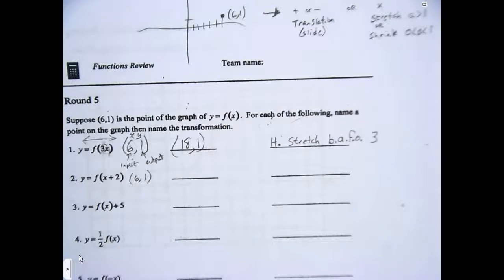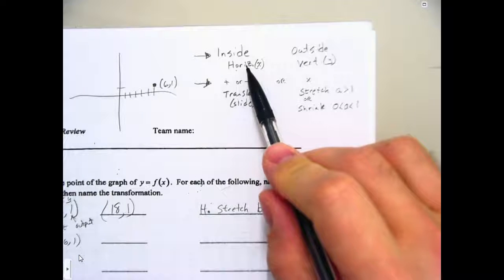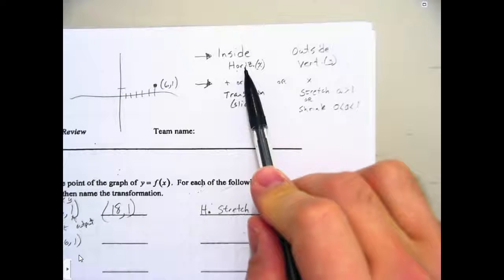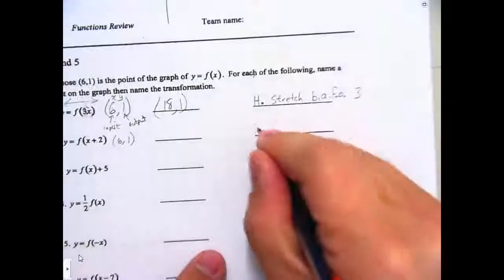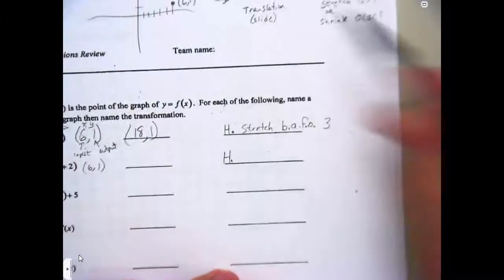Everyone says it's inside, but half of you say it's vertical and half of you say it's horizontal. If it's inside, it is horizontal. So it's a horizontal. Is it a stretch, shrink, or slide? Tell your neighbor.